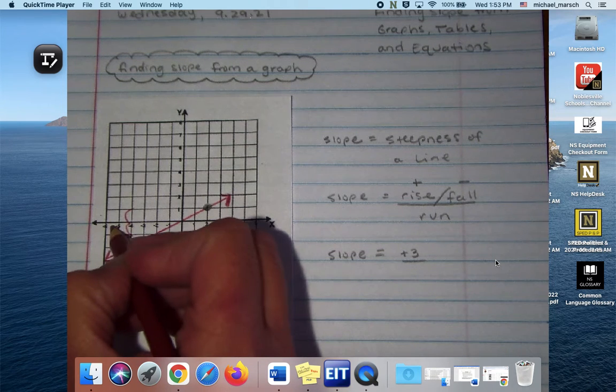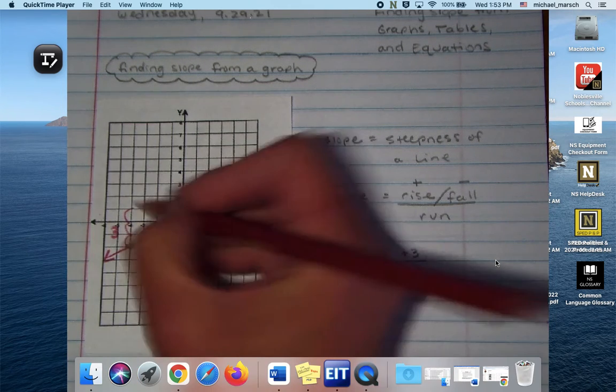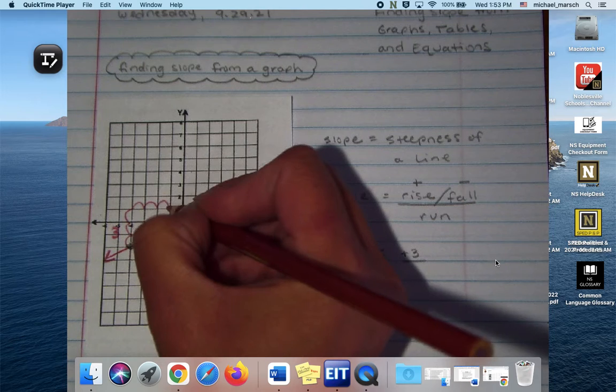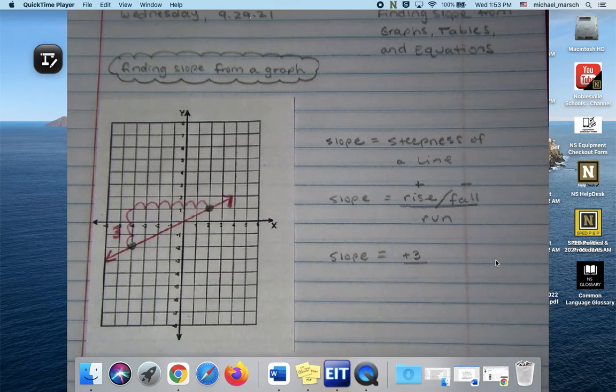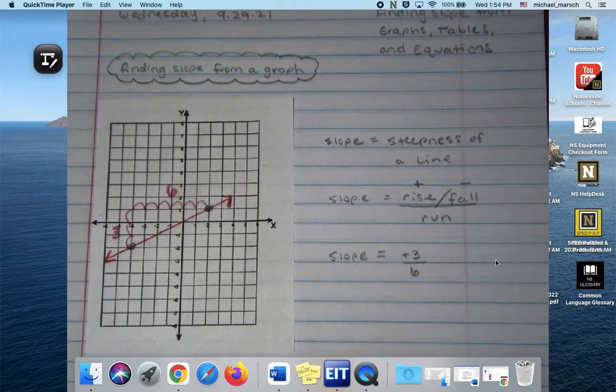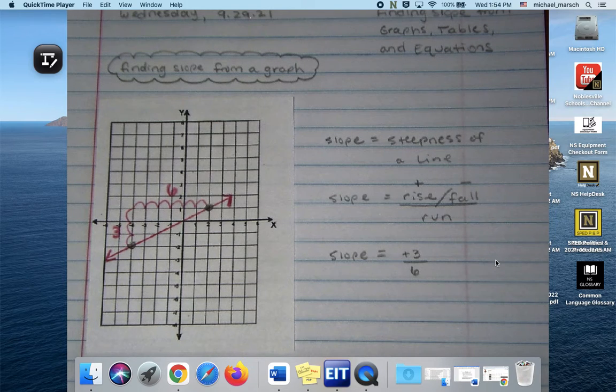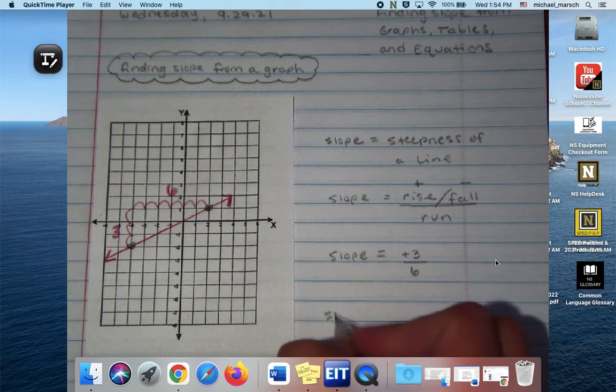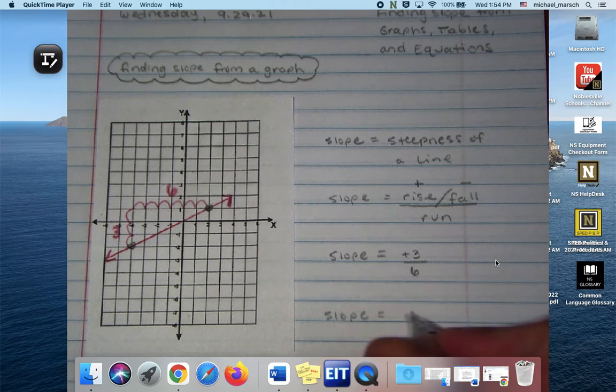So I have rise of 3. My run is 6. That's a 3. Yep. Rise is 3. Run is 6. And then I always simplify. So my slope is 1/2.